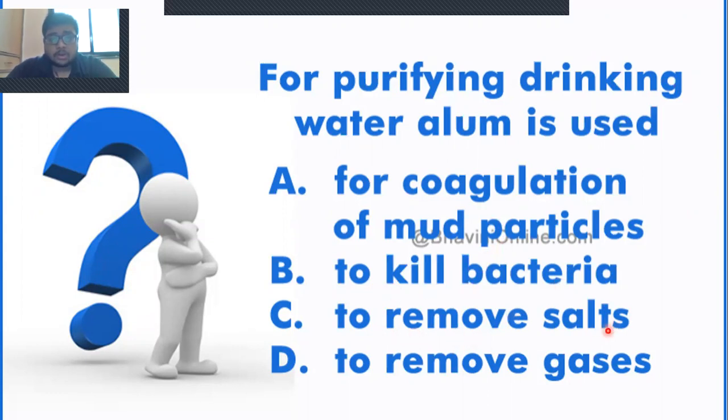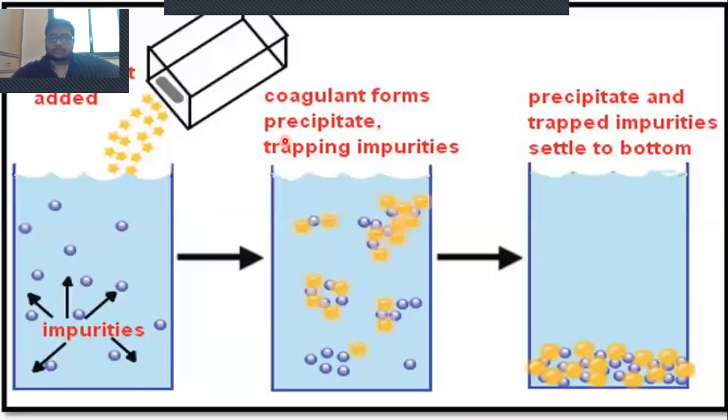Third is to remove the unwanted salts in the water. And fourth is to remove the gases if there are any present inside the water. So all these things are done by the alum crystal. And because of this, alum is widely used in purification of water, separating good quality, pure quality water. Correct? This is the reason alum is used.